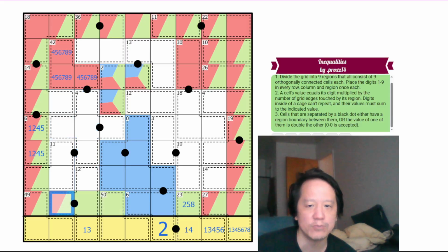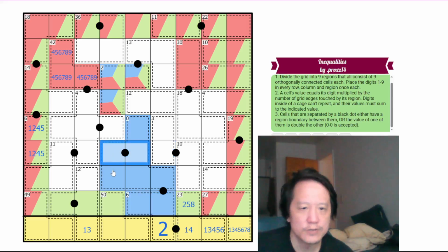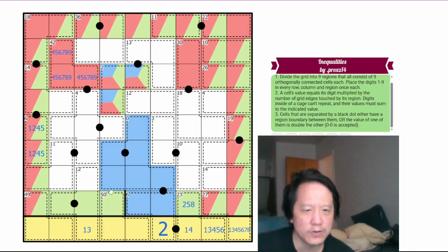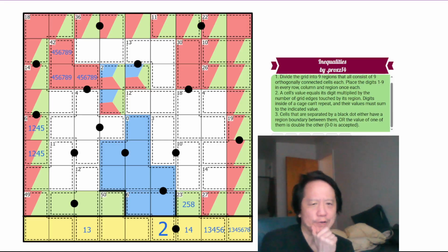So this can't be red, because that would block this from touching an edge at all. We can't obviously go that way for the same reason. So these are both blue. These are both blue. There doesn't have to be a region border there. So there is a region border guaranteed here and here. Same with this. Okay.